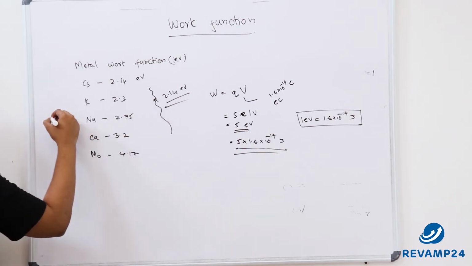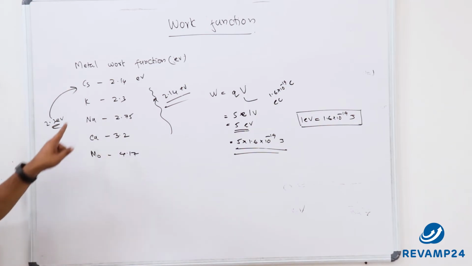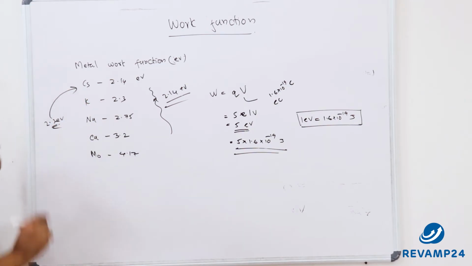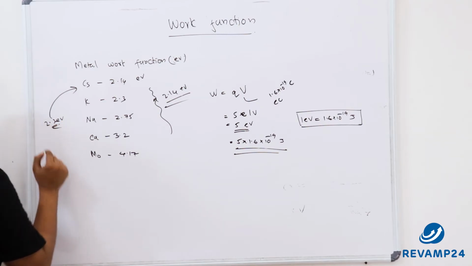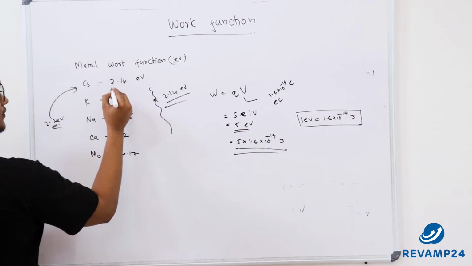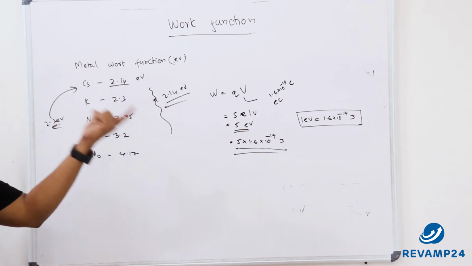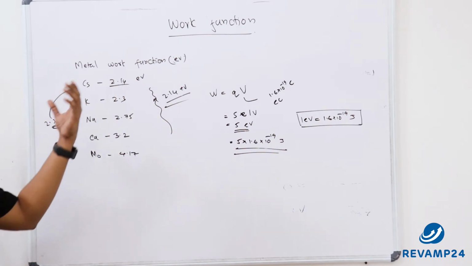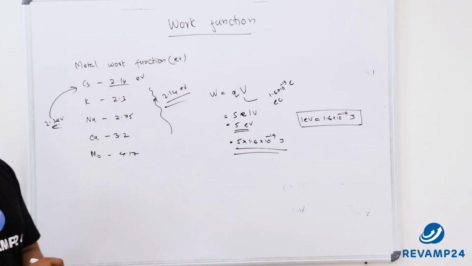But if you are irradiating a cesium surface with 2.3 electron volt, that electron will carry additional kinetic energy, because out of 2.3 electron volt, part of the energy of the incoming radiation is used as work function and the remaining is given as kinetic energy.